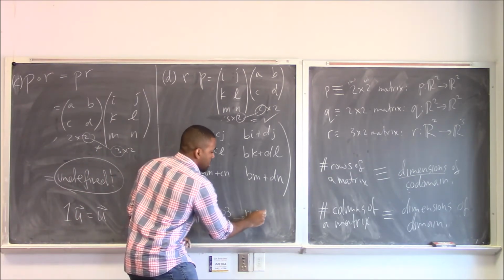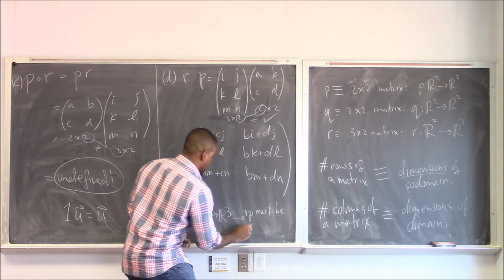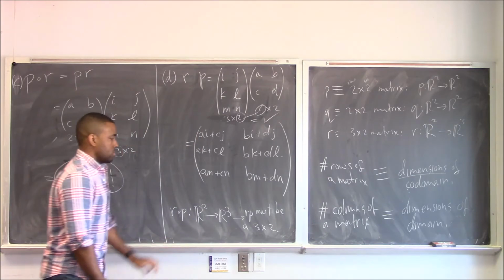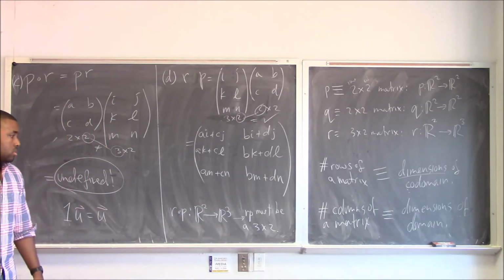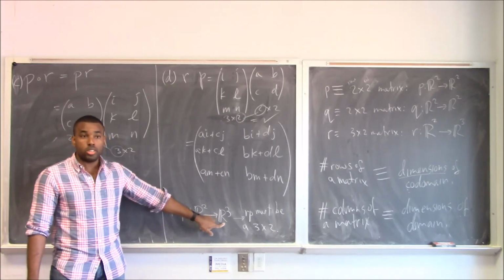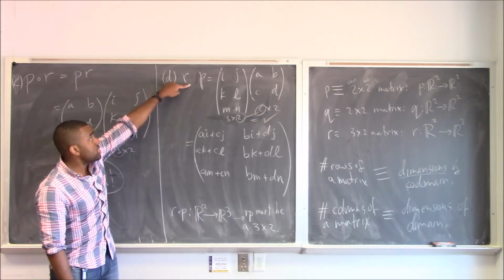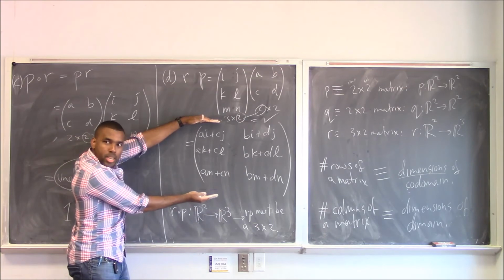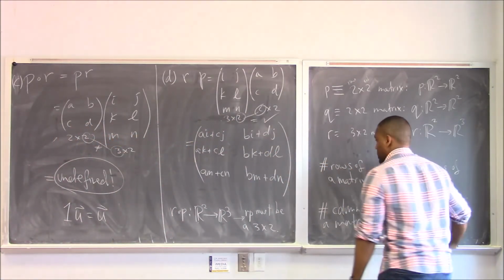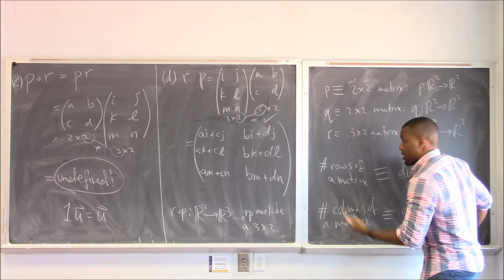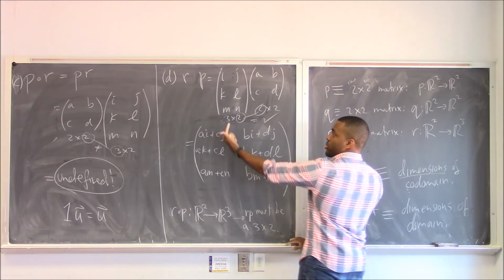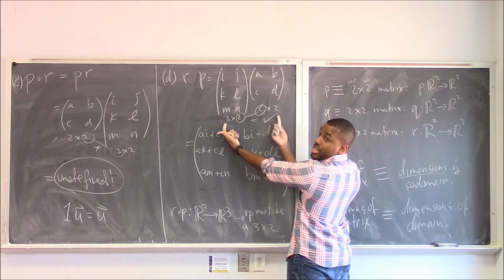R of P must be a 3 by 2, right? Because it started at a two-dimensional space and it outputs in a three-dimensional space. But what is R of P? It ends up being a 3 by 2. Right? So, what can you take from that pattern? Notice that 3 is the guy outside here, 2 is the guy outside here.